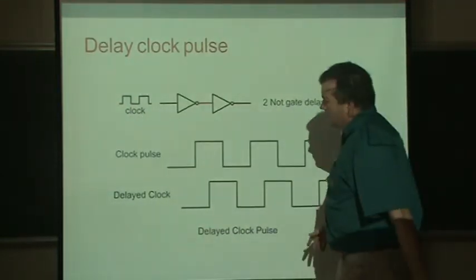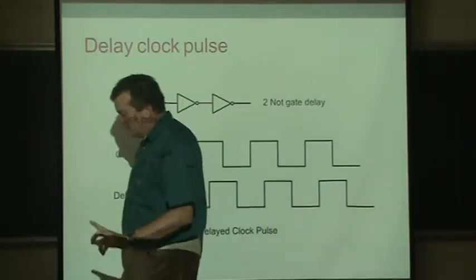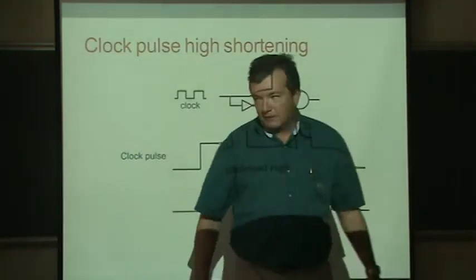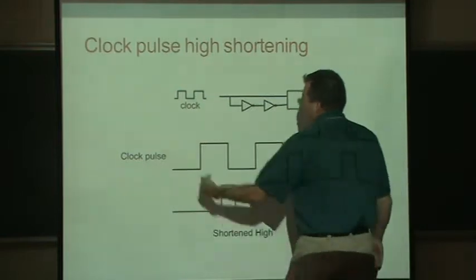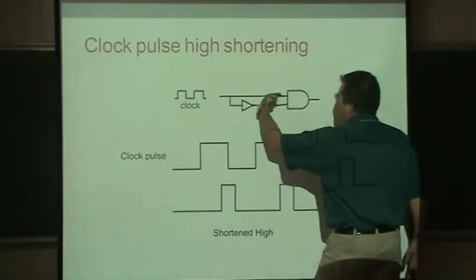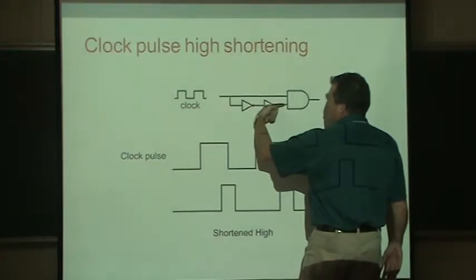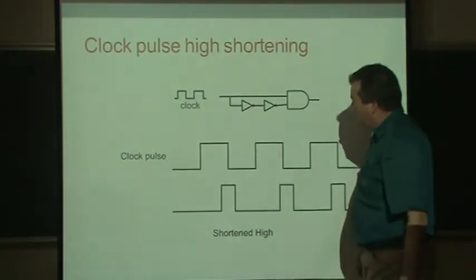So now we start to realize, okay, if we can delay things, then we might be able to do other funny things. Like, for example, we could take an input signal and have it run into an AND gate and have the same signal slightly delayed running into the same AND gate.